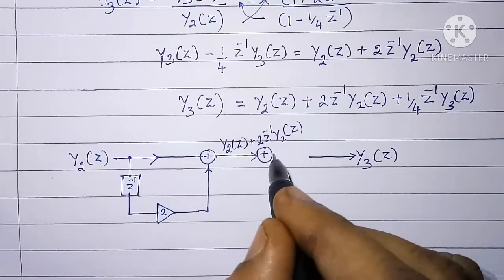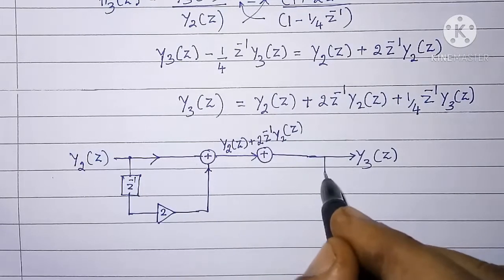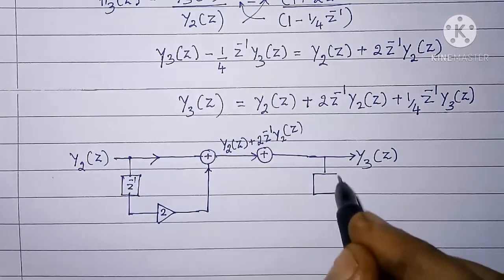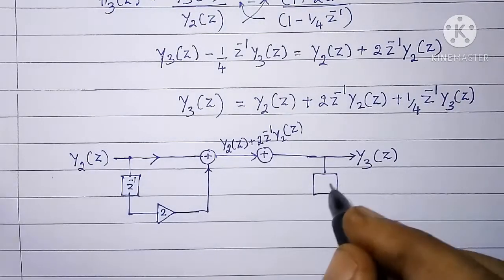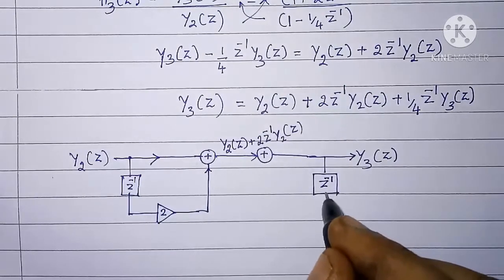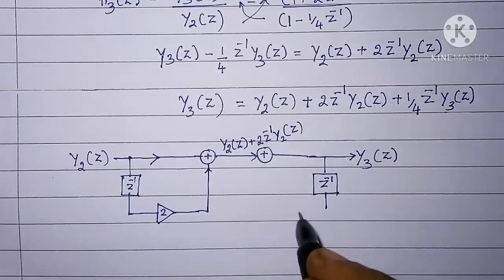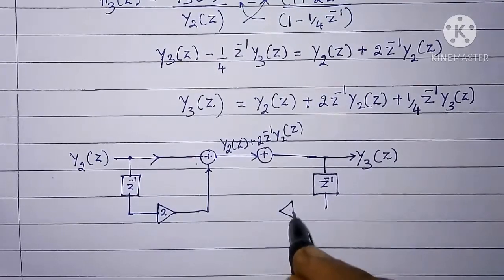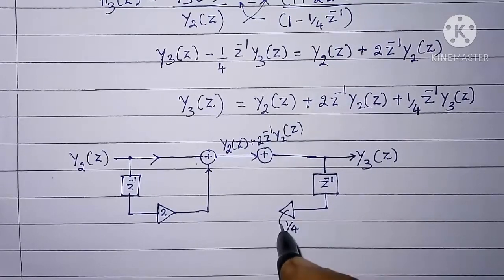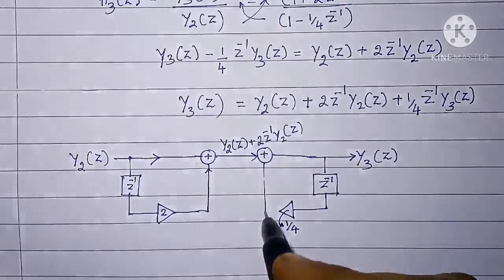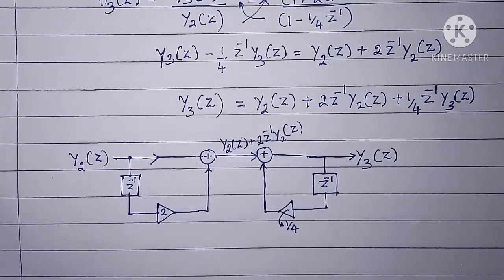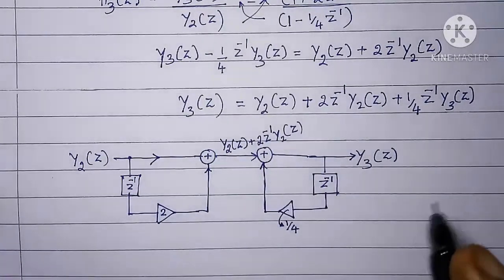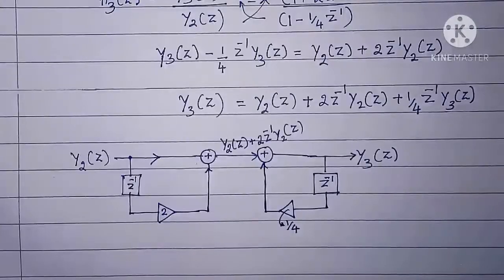For that, let us have one sample delayed version of y3 of z and then multiply it by 1 by 4. Output of that multiplication element you give as input to the adder here. Now y3 of z is available to us.